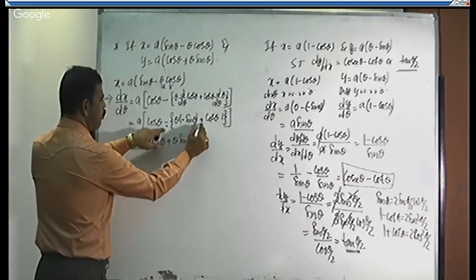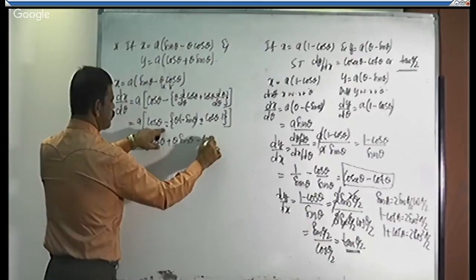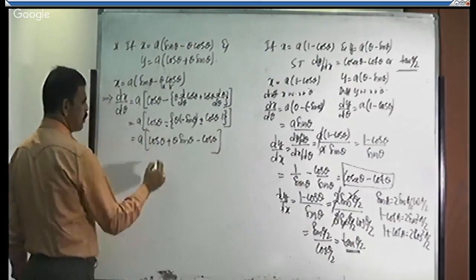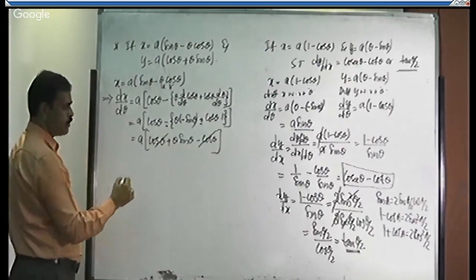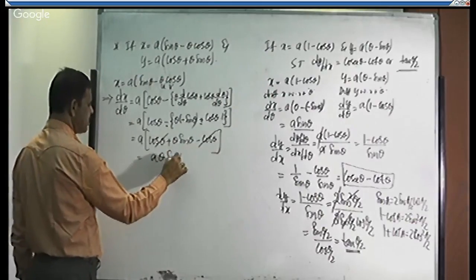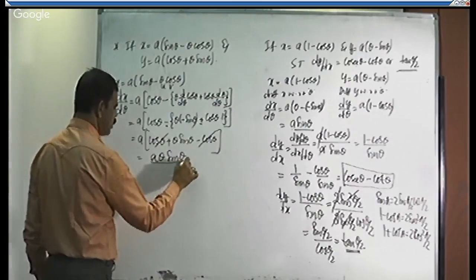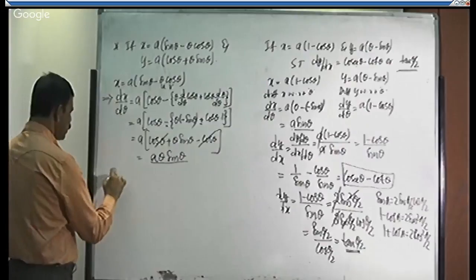Minus into plus is minus, cos theta into 1 is cos theta. Observe the bracket: minus cos theta plus cos theta get cancelled. What is remaining? A into theta into sin theta. It is dx by d theta. Right?